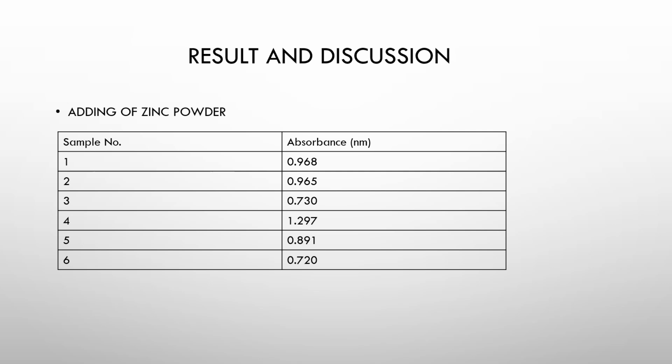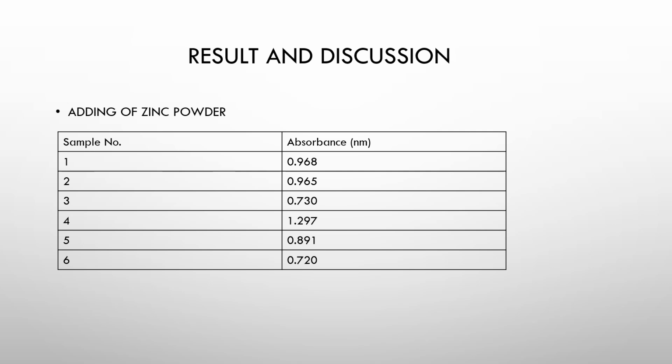And the role of zinc powder is to act as a reducing agent. In colorimetry, zinc is often added to reduce interfering compounds or to convert certain nitrogen compounds into a form that reacts with a color reagent.